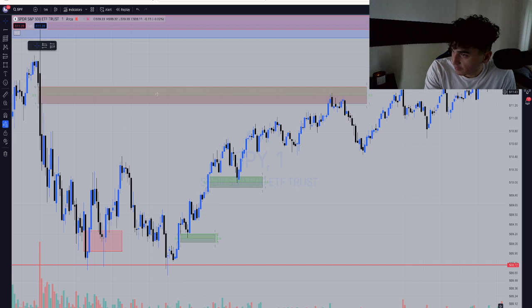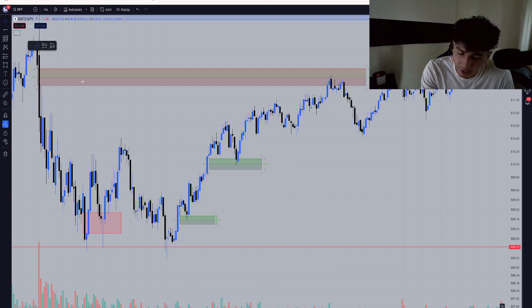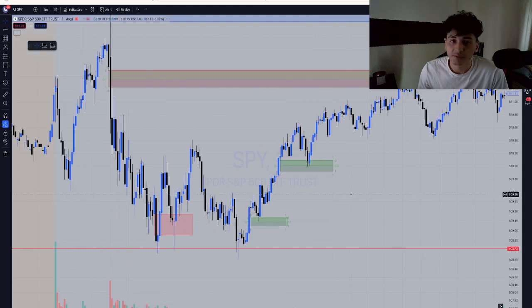Now, obviously, I have a couple of fair value gaps charted out for you guys already. I have bullish fair value gaps and bearish fair value gaps, which I covered in the last lesson too. There are two main types of fair value gaps. Bullish fair value gaps provide us with large amounts of buying orders, pretty much like demand, and bearish fair value gaps provide us with large amounts of sell orders.